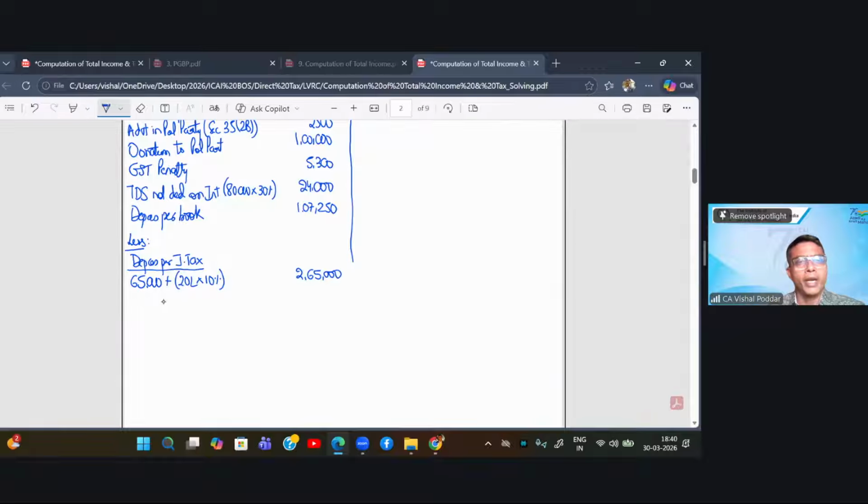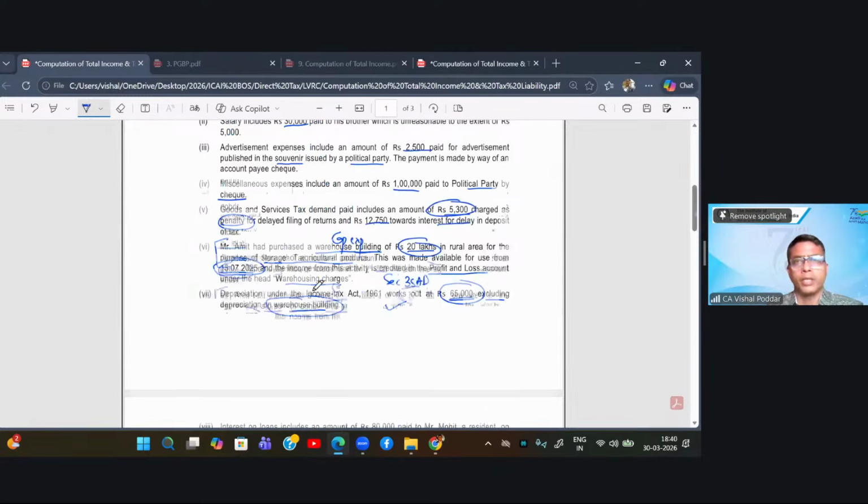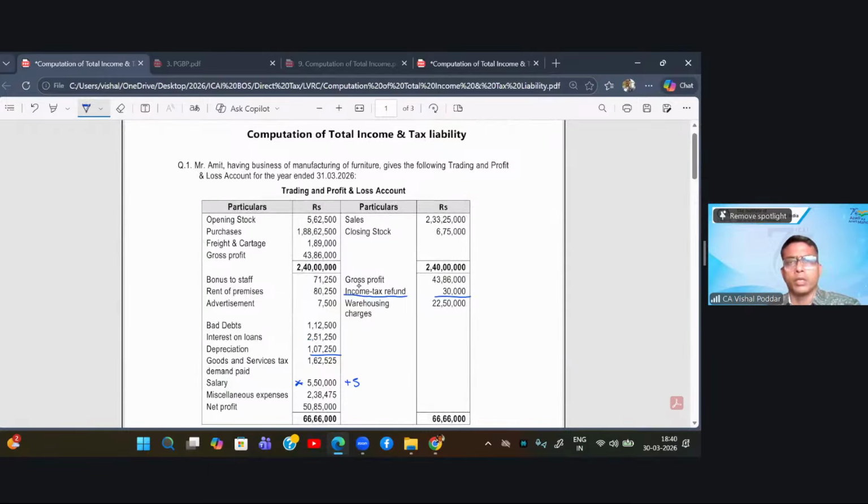Now, adding back this amount, which Balamurugan was saying: this income is credited, which is part of your net profit, but it is not covered under the head PGBP. So the entire income tax refund will be subtracted. Whatever is the interest on this refund will be considered in other sources. But firstly, the entire amount has to be removed from the net profit.